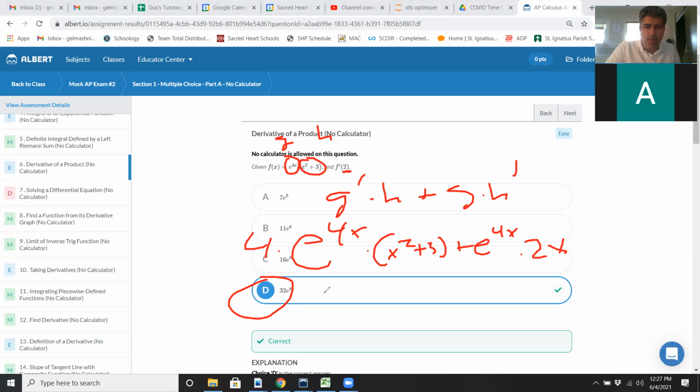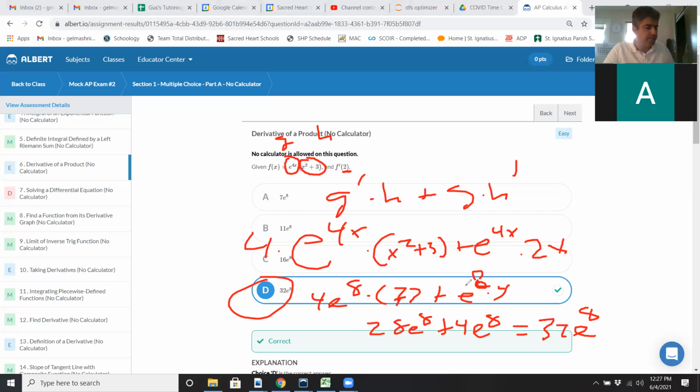Plug in 2, you have 4e^8 times 7 plus e^8 times 4. So it's 28e^8 plus 4e^8, which is 32e^8. So that's that one.